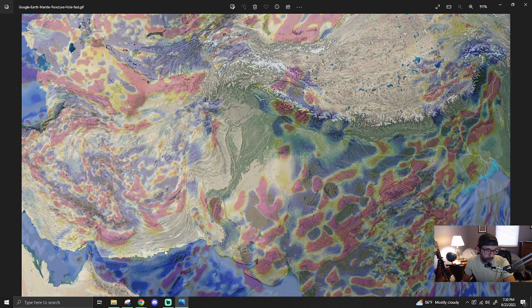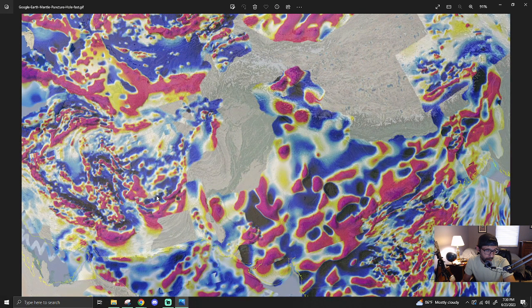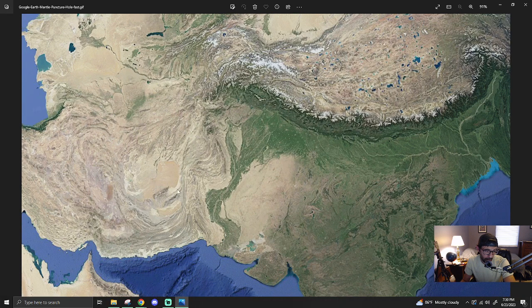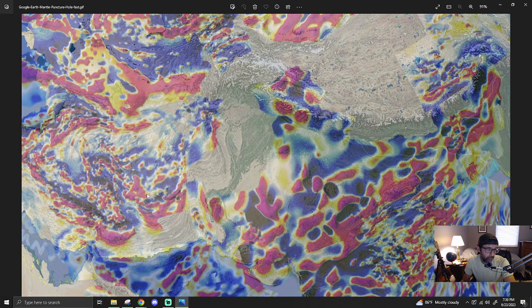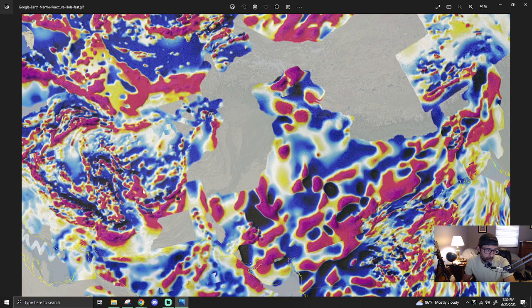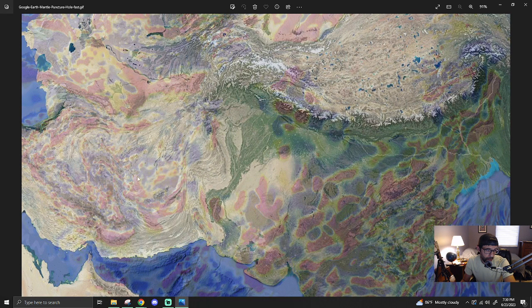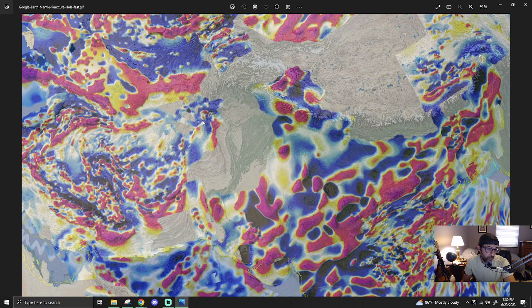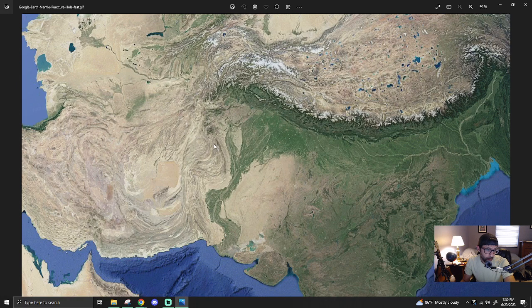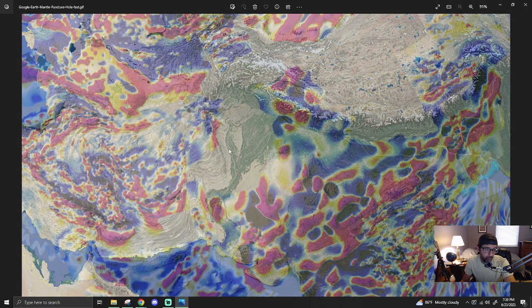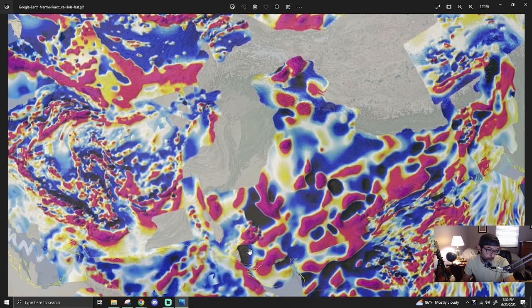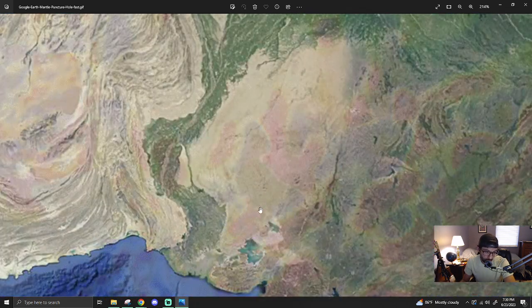Down here, this boundary, we see this feature in the terrain right there. Maybe this general feature in that area, for some reason. This feature looks to be in the terrain. And then the mantle puncture hole here is not in the terrain, interestingly.